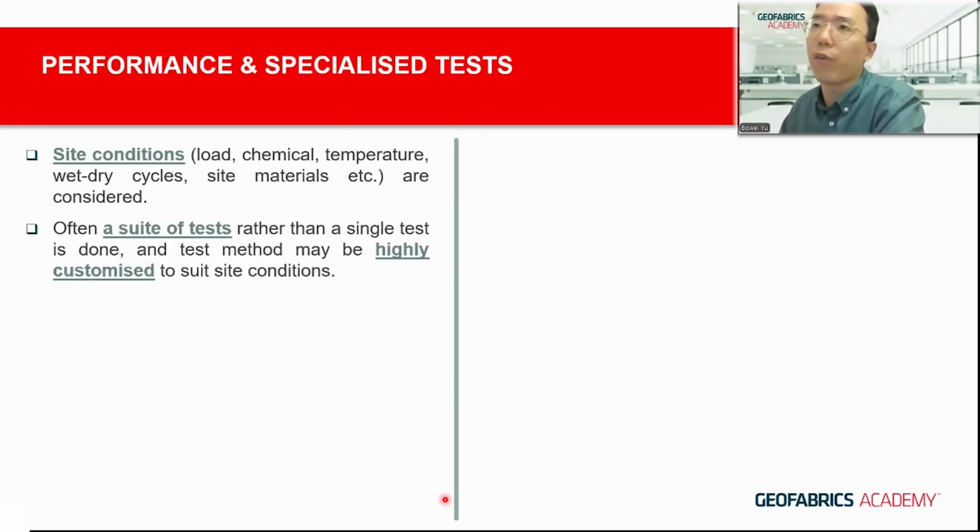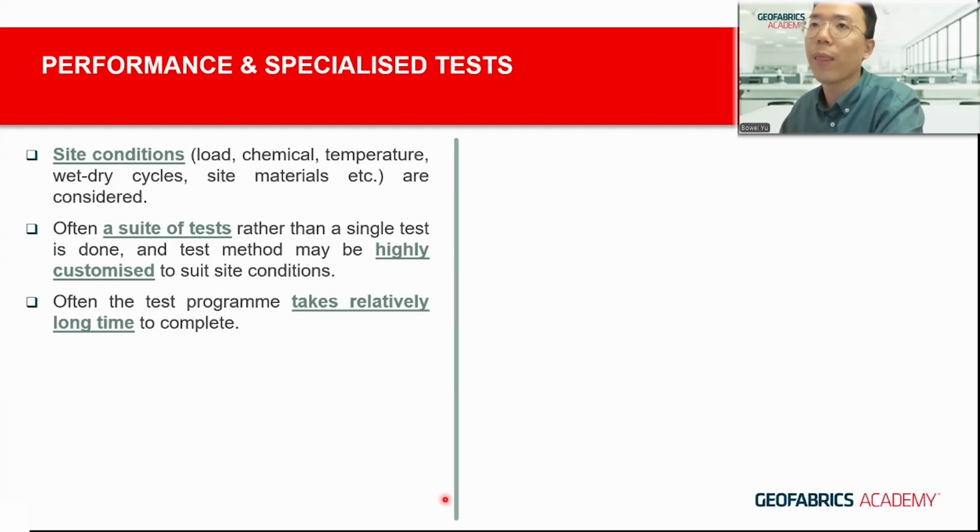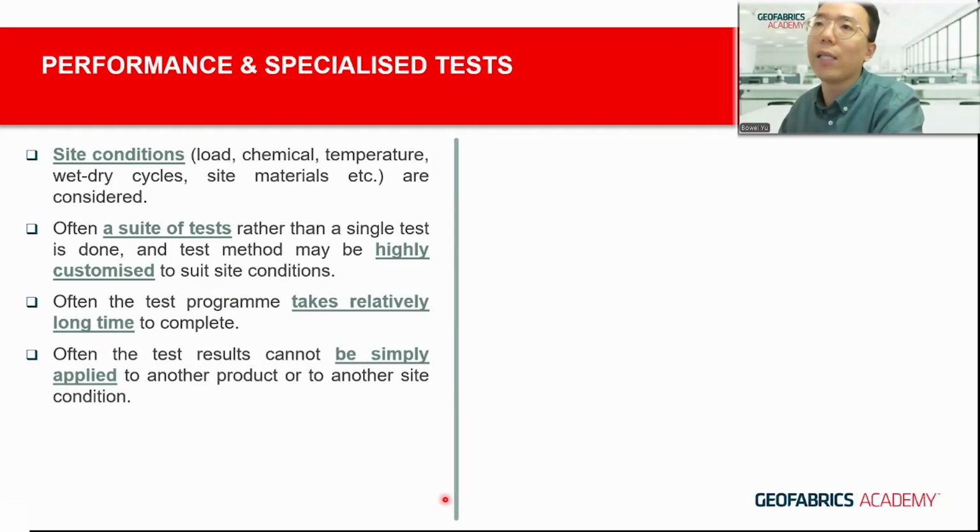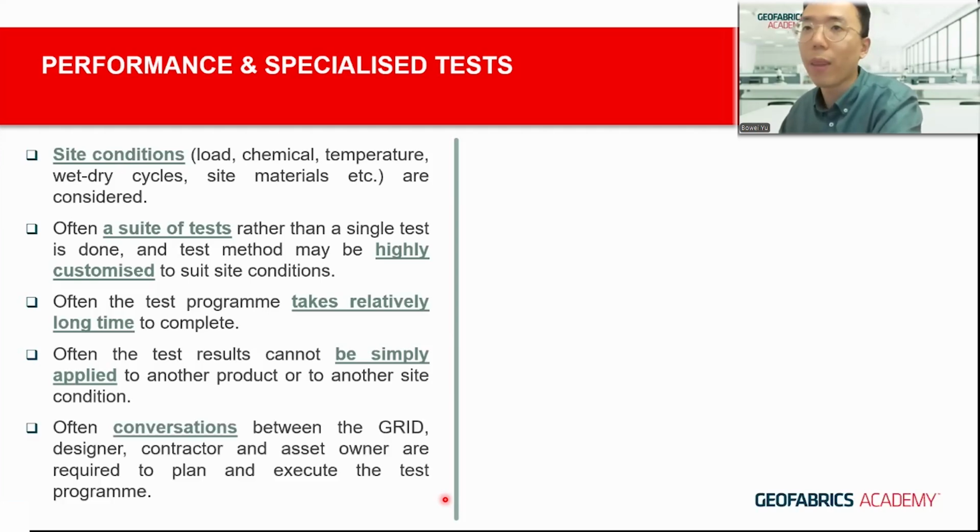And in those performance-based tests, we often do a suite of tests rather than a single test. And those test methods may be highly customized to suit the specific site conditions. And you are correct, often the test program may take relatively longer compared to the basic index tests to complete. And these test results may not be universal. That means they cannot be simply applied to another product or to another site condition, unfortunately.